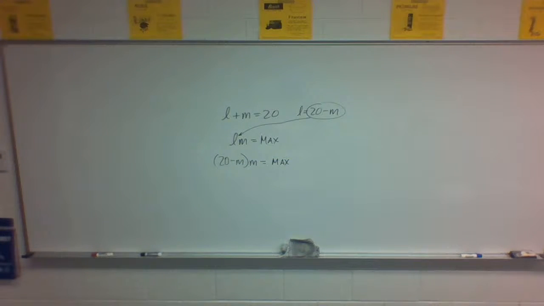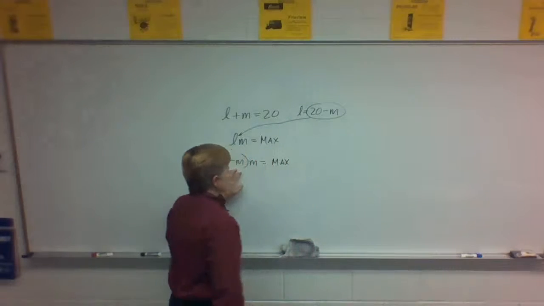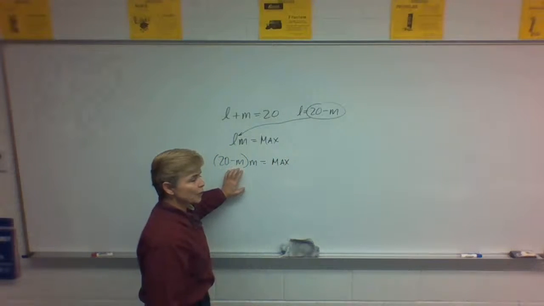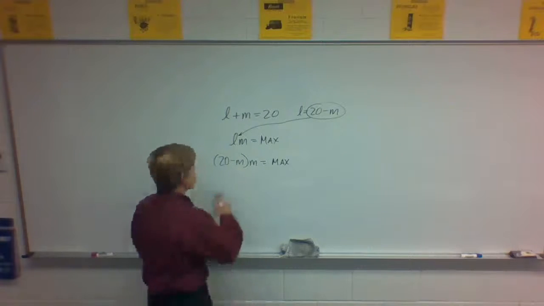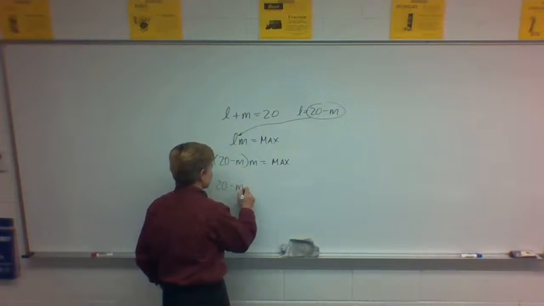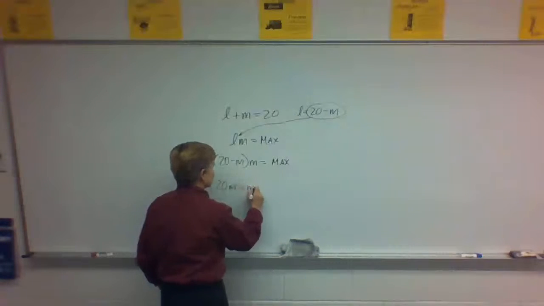Also, if you're really good at math, and you're supposed to be, you understand that this thing's a parabola which opens downward, and so its maximum will be at its vertex. Remember how to find the vertex of a parabola without a calculator? In standard form, which would be this. Oh, 20m minus m squared.